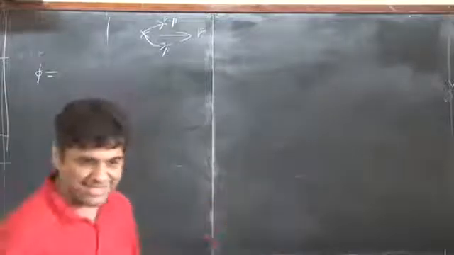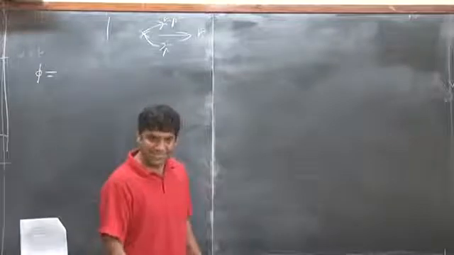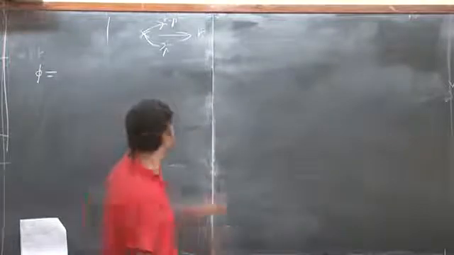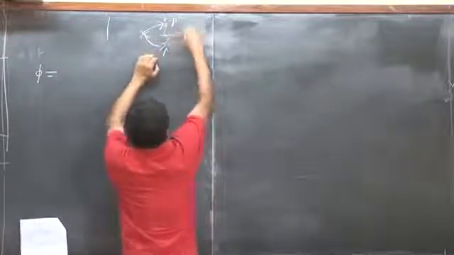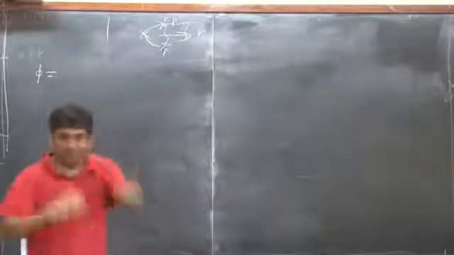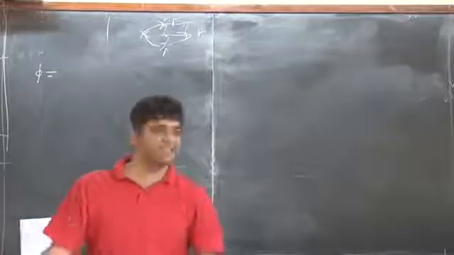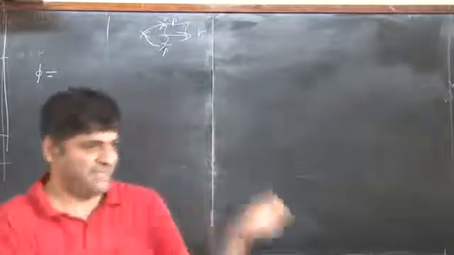R was not a variable of the integral equation, it was just a constant. P was a variable of the integral equation, because if this is some P, this would be some other P, and the P is being integrated. So it's like a matrix equation where the matrix variable is P, and R is a number.